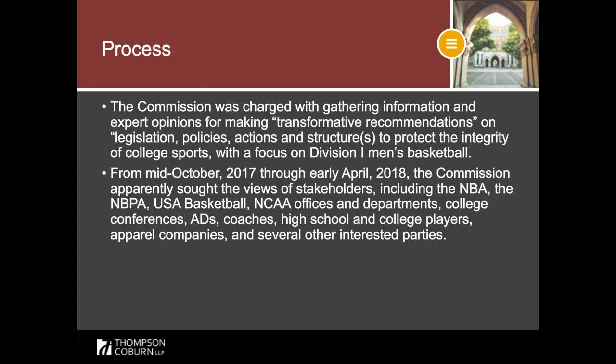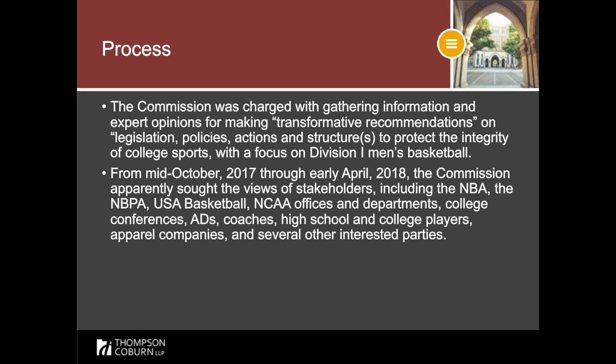The commission was charged with gathering information and expert opinions for making a, quote, transformative recommendation on legislation, policies, actions, and structures to protect the integrity of college sports with a focus on Division I men's basketball.